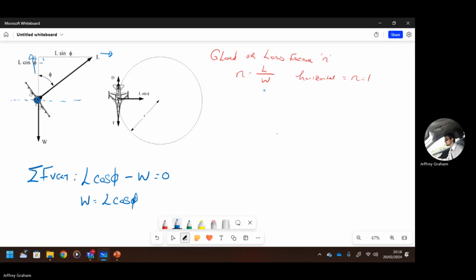Right. If we use this principle, what I'm going to do with this equation is divide both sides by the weight. The weight divided by the weight equals the lift, the cosine of the bank angle, divided by the weight.